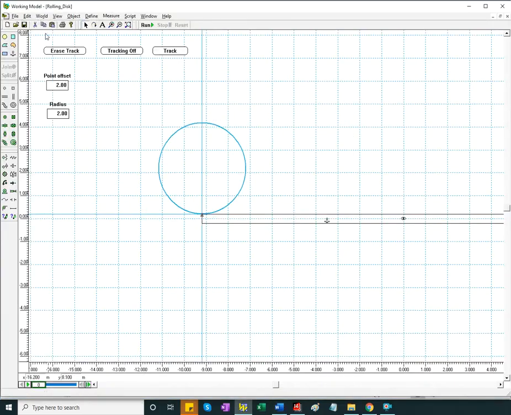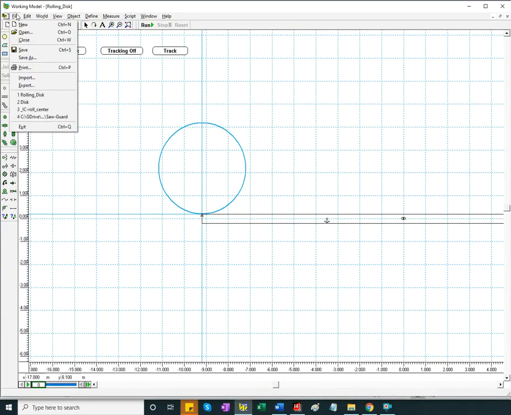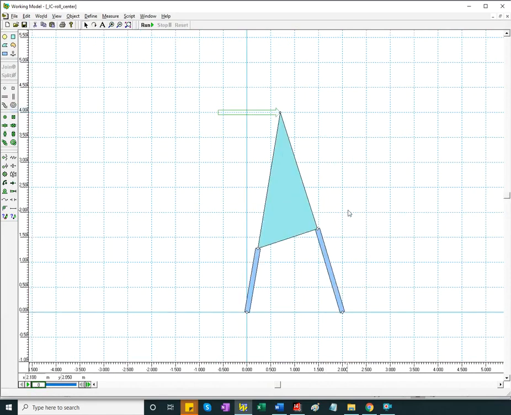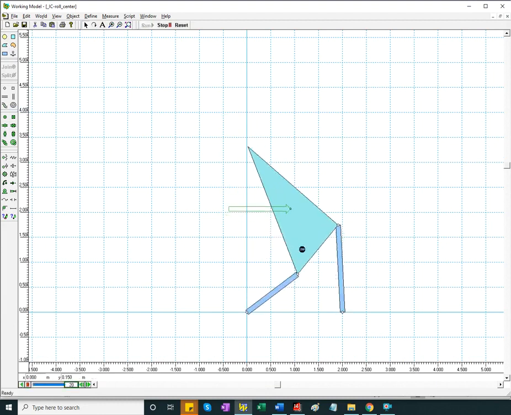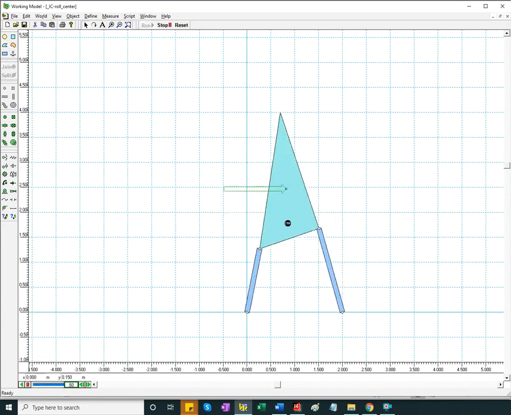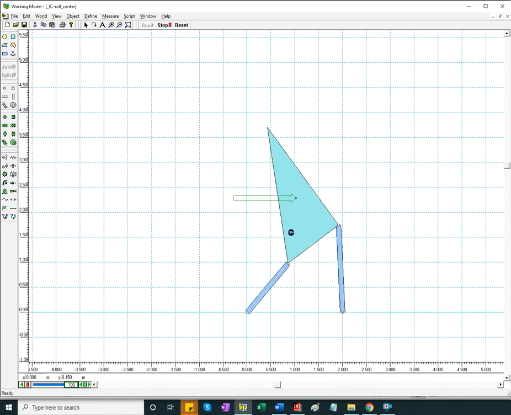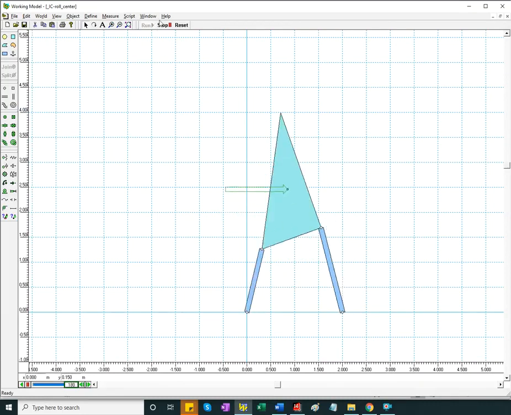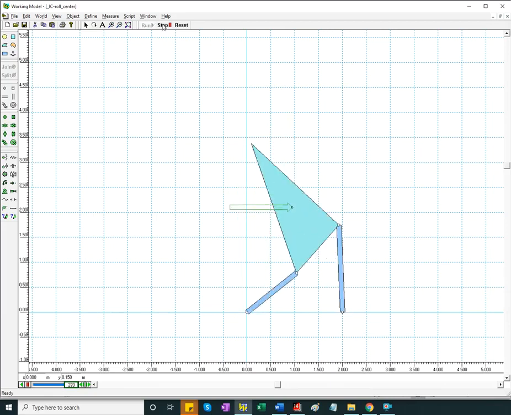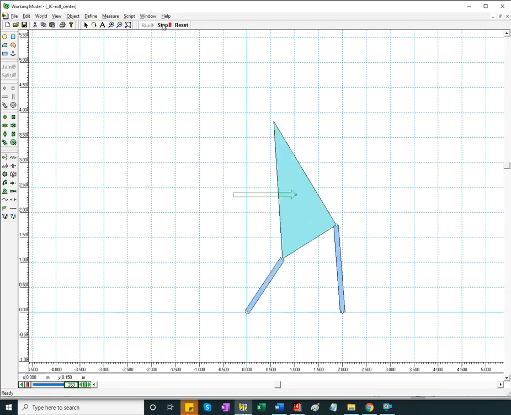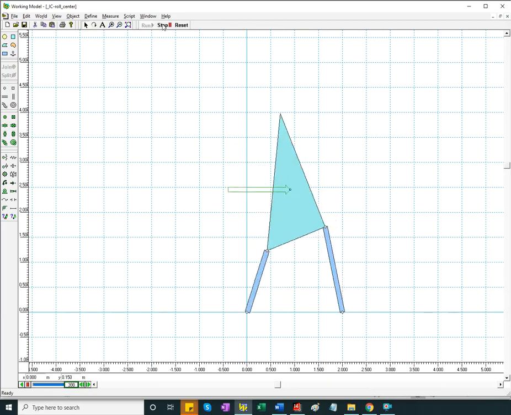So let's look at the actual working model. I have it here. Let's start with an arbitrary position. I hit run, and this would again be the case of a suspension that is not matching the center of mass. And of course, as the loading of the vehicle changes, the center of mass changes.